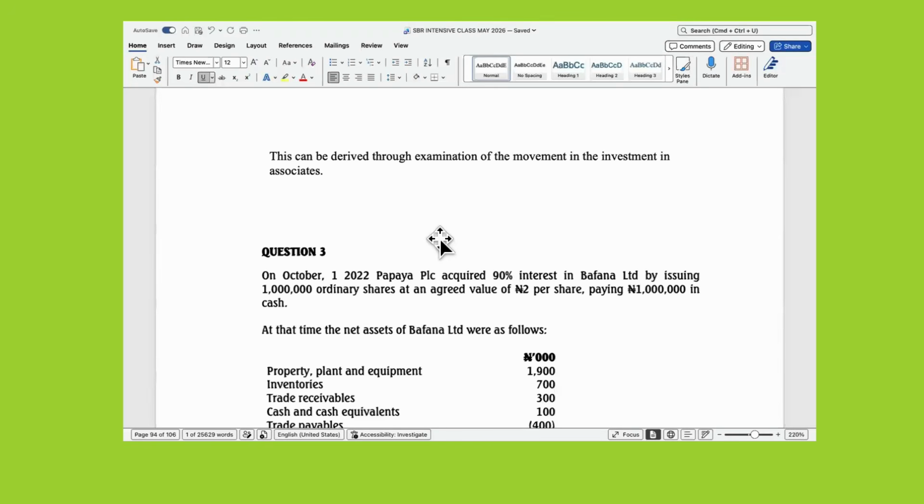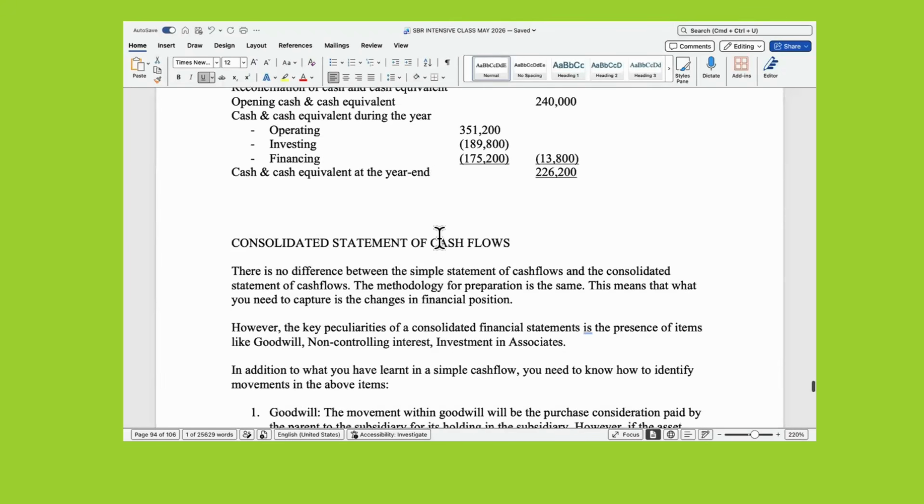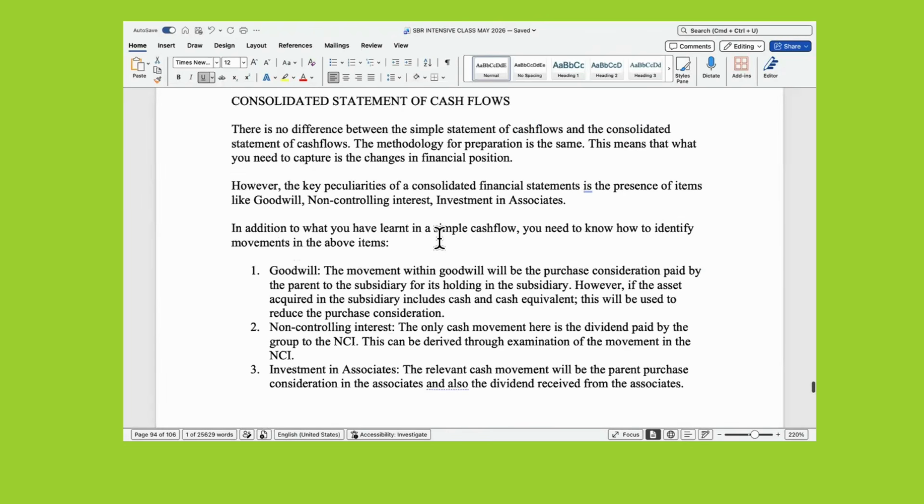It's the same. Just do your movement in position. I know a lot of you have a way of doing it and it's difficult for you to adjust, but this is easier, I can tell you that. And it captures everything that you need to capture.